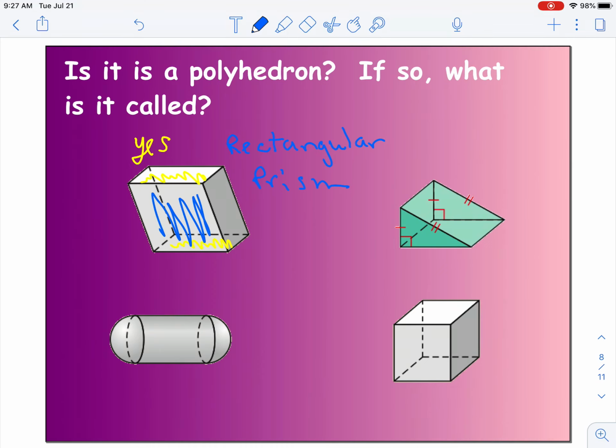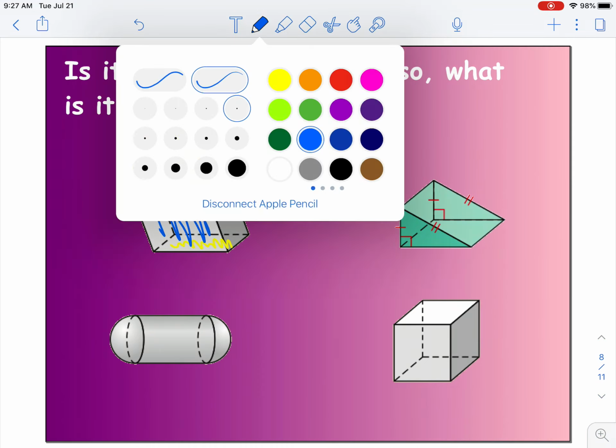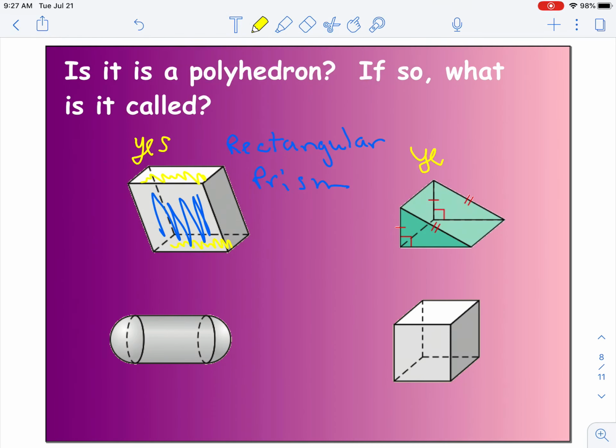Okay, the next one over here. Yes, this is a polyhedron, and it is a prism. And what shape is the base? A triangle. So this is a triangular prism.